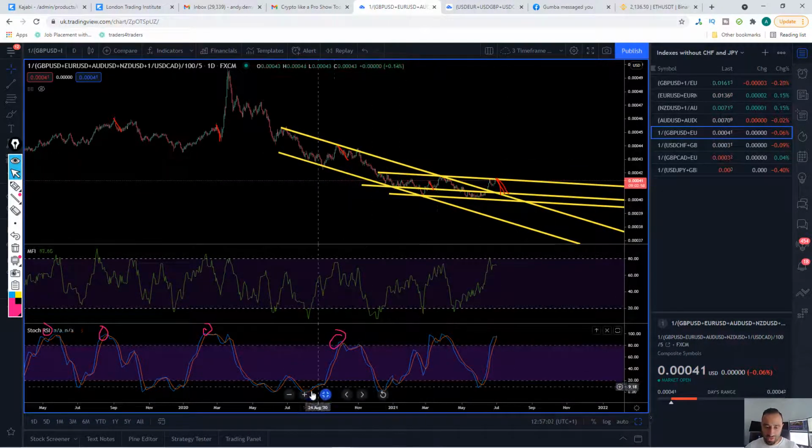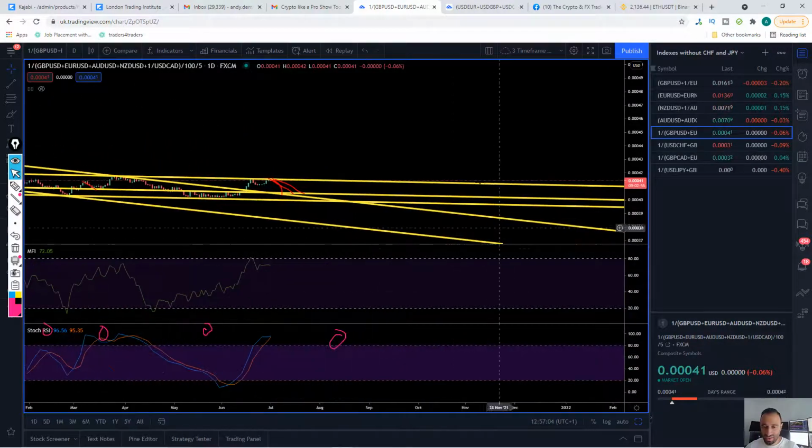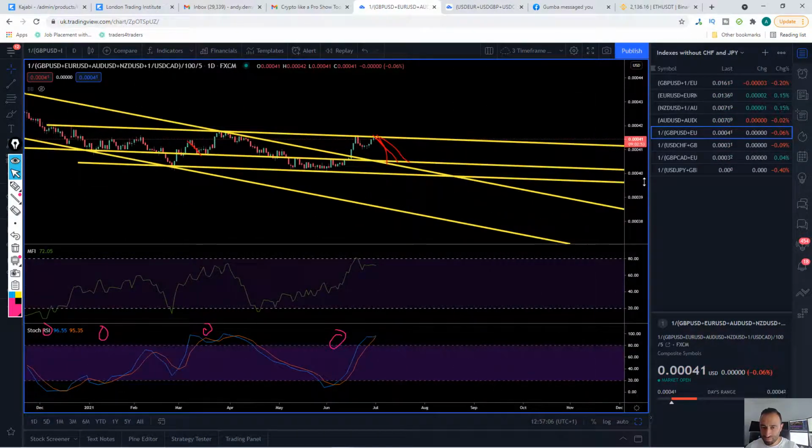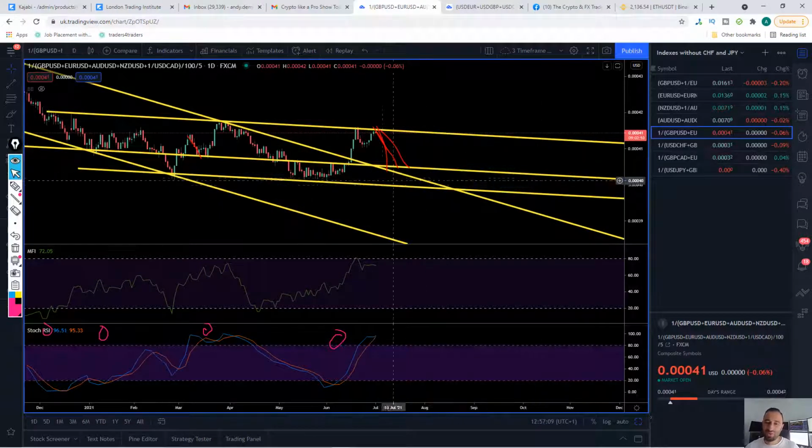Now, if I zoom in here, guys, you can see it's very, very interesting, isn't it? Look at that. The high to low moves with the stochastic in the same position are pretty much exactly the same for these three. And what's interesting is it brings us right into this old resistance that becomes support. So in my opinion right now, guys, I think we should be looking for more dollar strength to come into the market.